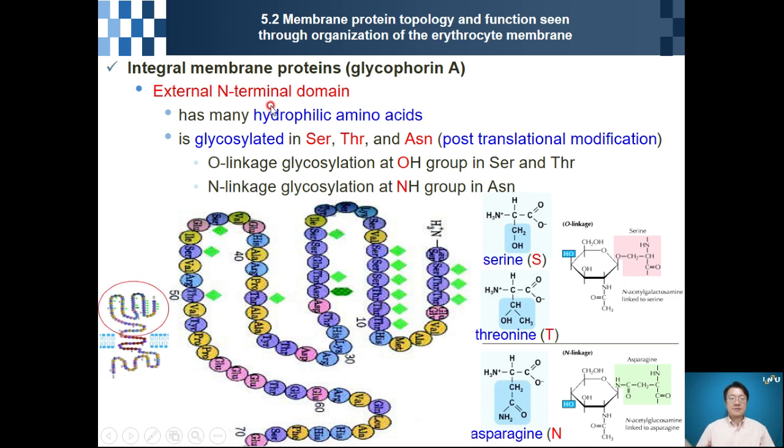This external N-terminal domain has many hydrophilic amino acids. If you see here, serine, which has an OH group, threonine, which has an OH group, lysine, which is positively charged, asparagine, which has an NH2 group, aspartate, which has minus charges, and glutamate, which is minus charged.